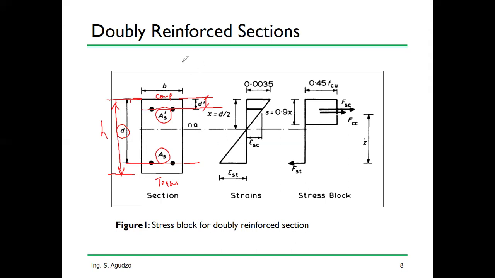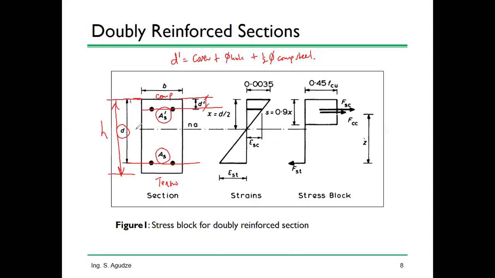So if you want to really calculate D prime, you know that we have cover, and then you have the diameter of your link, and then you also add half the diameter of your compression steel. You get it? So D prime is called depth to compression reinforcement.